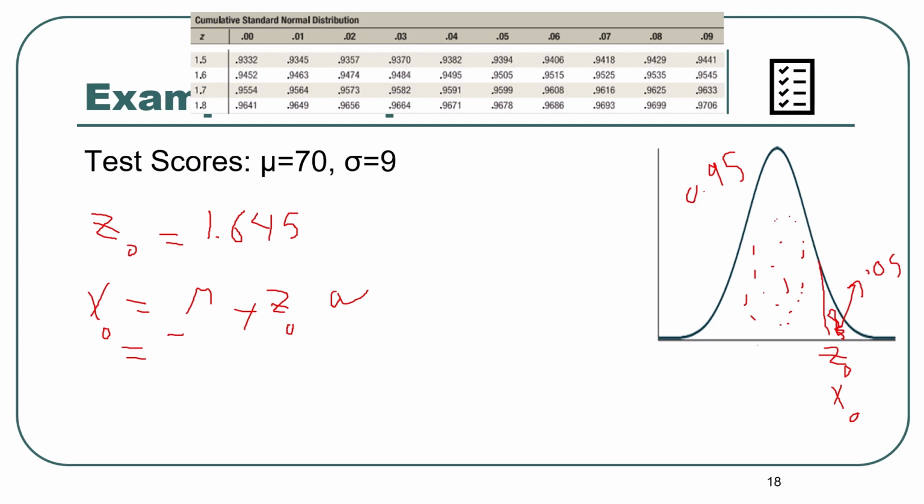So I'm going to plug in here my 70 plus the z that I got from my table, multiplied by the 9, the standard deviation units, and this should give me 84.8, which is almost 85. So I need to get 85 to be in the top 5% of the distribution of this score.